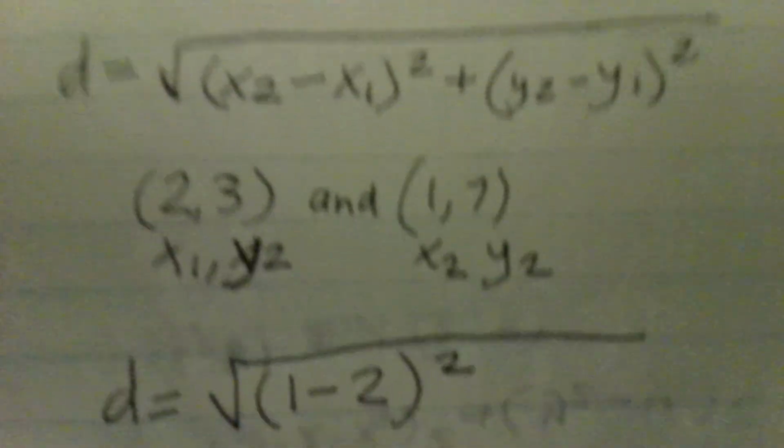We're going to rewrite the equation by plugging in the numbers. So it's going to be parentheses x2, which is 1, minus x1, which is 2, close the parentheses to the second, right here.